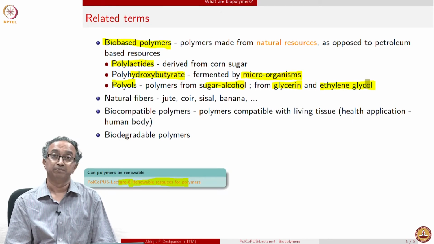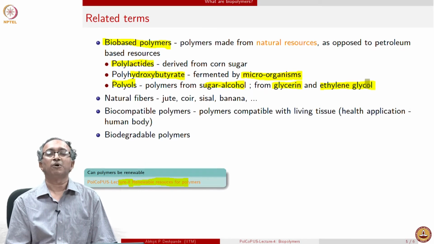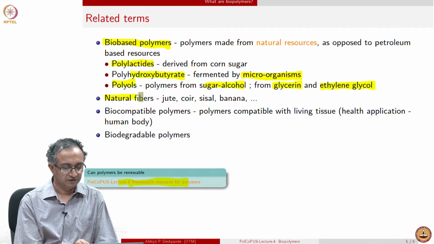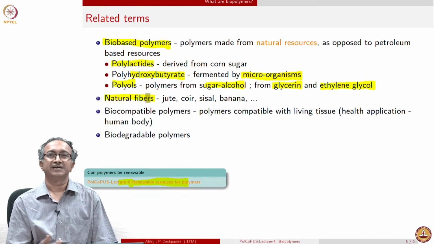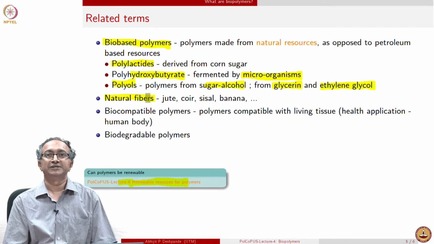Another important use of natural polymers, which is already used quite a bit, is in terms of natural fibers. We can extract fibers from a variety of plant species, whether it is coconut, from which we get coir fiber, from jute we can get fiber, from sisal.